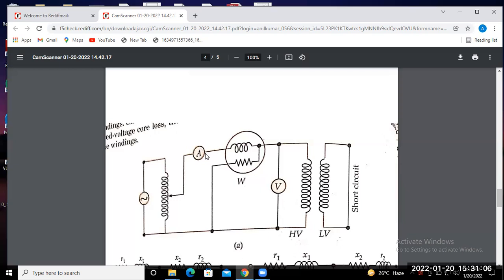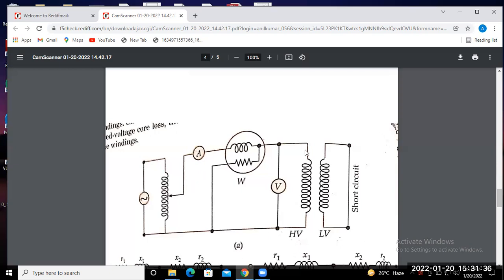The short circuit current, or full load current, requires only about 2 to 12% of the rated voltage.